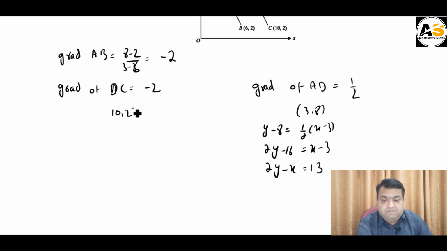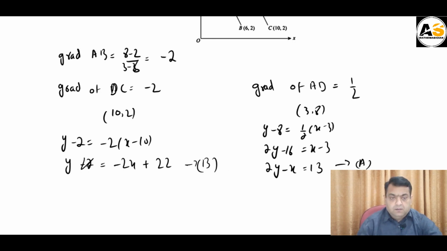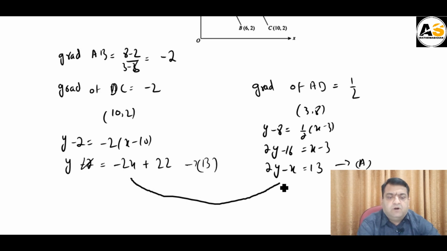So its equation will be y minus y1 is equal to m into x minus x1. y minus 2 is equal to minus 2x plus 20, so y is equal to minus 2x plus 22. So I will solve these two equations simultaneously and find the coordinates of D. I am leaving this solution to you. You can easily solve this. The solution will give you the coordinates of D.